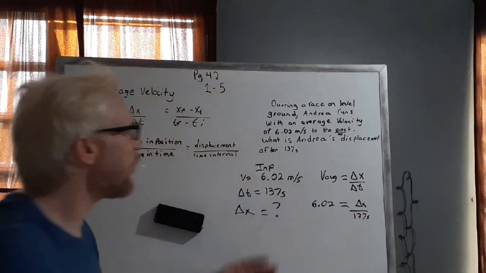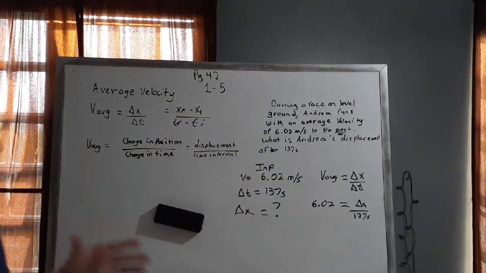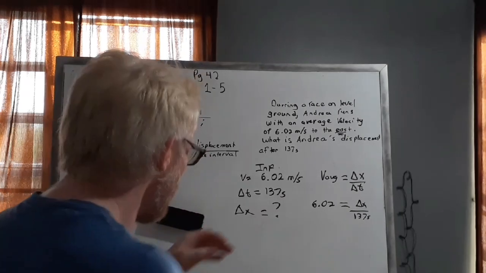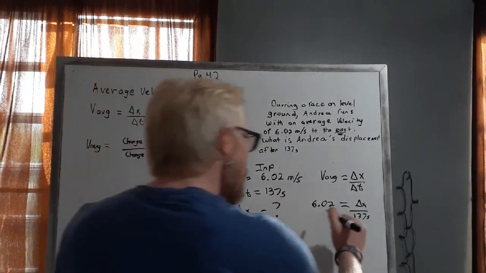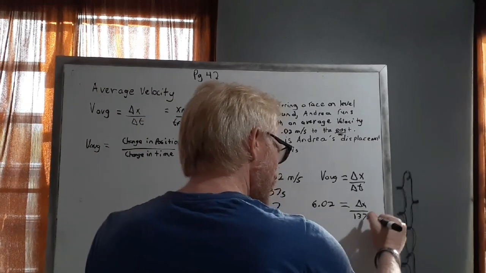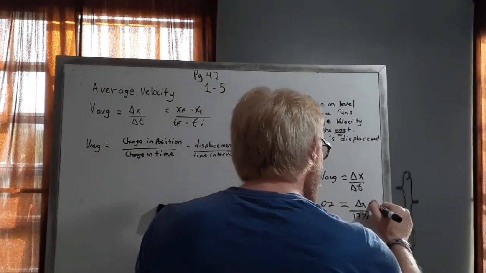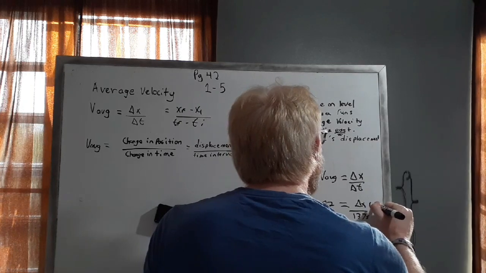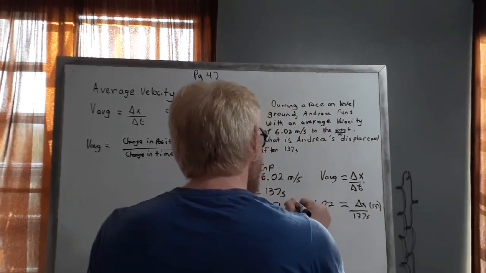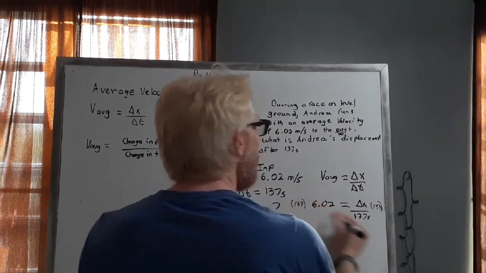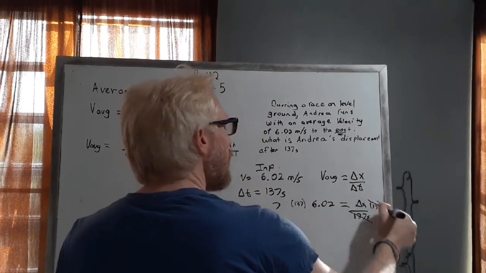Now, very important that we understand to the east, because that's indicating that she's moving to the east, which is a positive direction. So we're going to simply multiply. We're going to get rid of the 137. We're going to solve for the change in x by multiplying 137 on both sides, and we're going to do that here as well, and these two are going to cancel out.